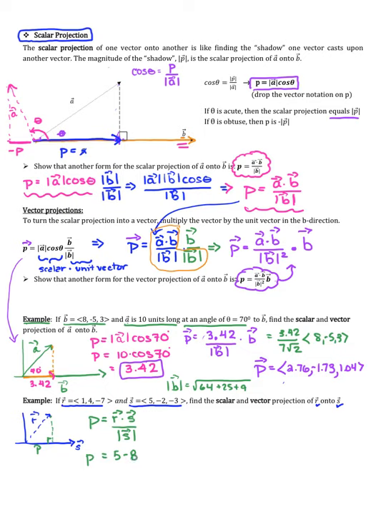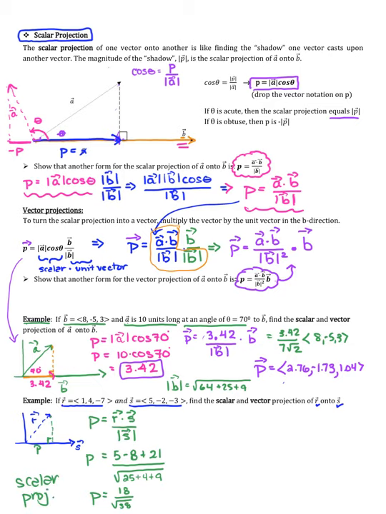And then negative 7 times a negative 3 is a positive 21. That's all going to get divided by the magnitude of s, 25 plus 4 plus 9. And so in the end, that is going to give me 18 over the square root of 38. All right, that is our scalar projection.